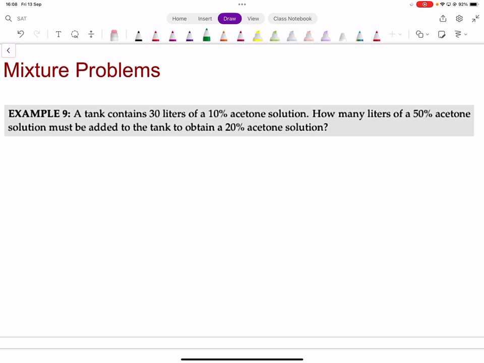Now, what does that mean? क्या लिखा हुआ है? You have 30 liters of this solution. 10% means कि अगर आपके पास 30 liters है, उसमें से 3 liters जो होंगे, they will be of this acetone. ये क्या होता है?